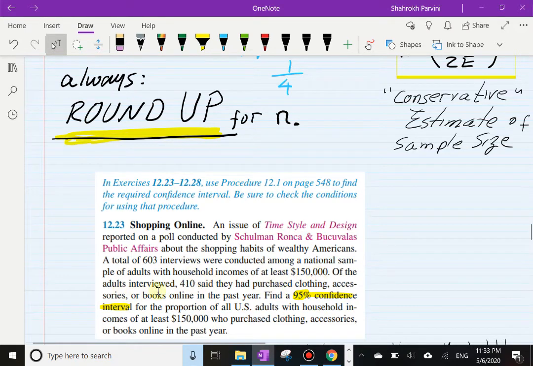Of the adults interviewed, 410 said they had purchased clothing, accessories, or books online in the past year. And what we want to do is find a 95% confidence interval for the proportion of all U.S. adults with household income of at least $150,000 who purchased clothing, accessories, or books online in the past year. Okay, so that's what we want to do.